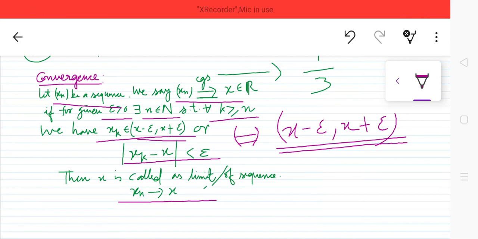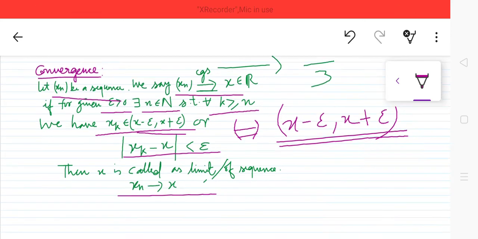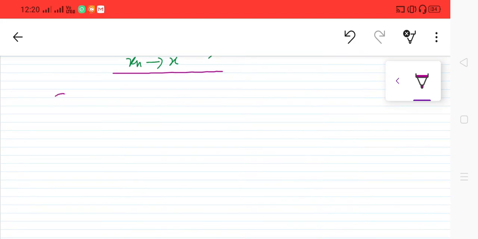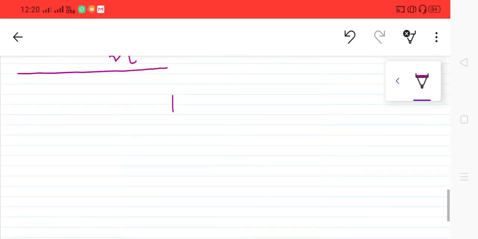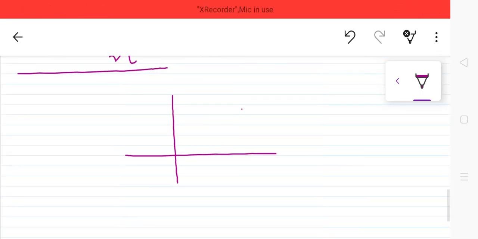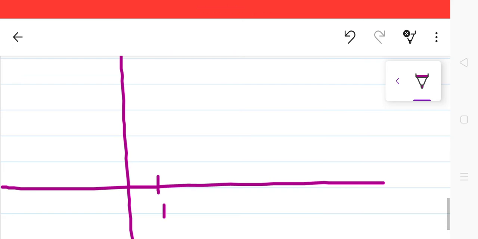That's it. So this is the definition of convergence, and let's see it graphically. If you have a sequence like xn equal to 1 by n, what is the graph of 1 by n? For n equal to 1, it is 1; for 2, it is 1 by 2; for 3, it is 1 by 3.